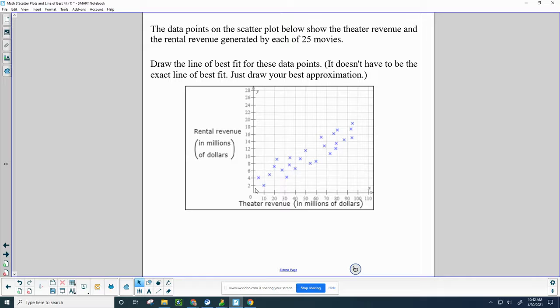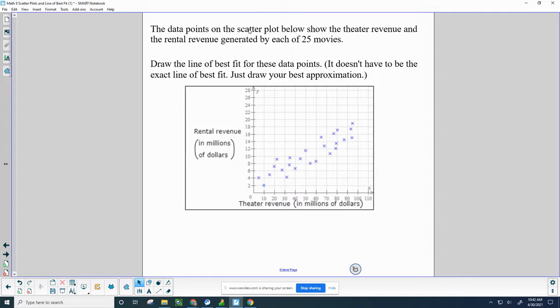And you may be tempted to think that the more people go to movies in the theater, the less they're going to rent movies. But it looks to me like as you go over increasing in movie revenue or theater revenue, the amount that is being made by renting them is also going up. Okay, so let's maybe look at the data.